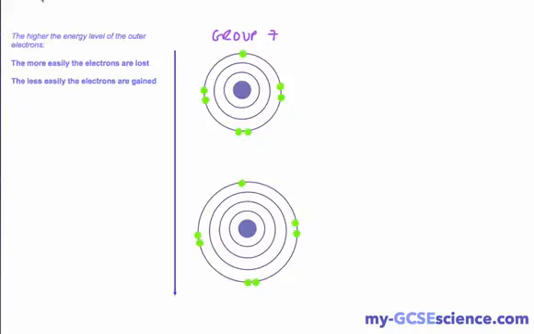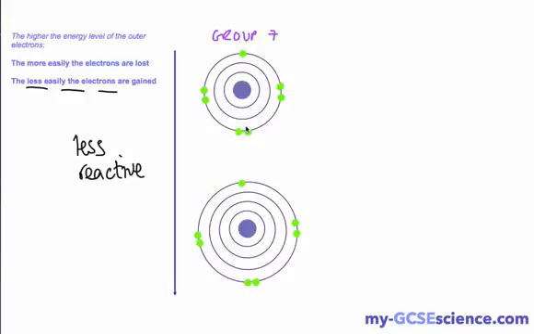Now, if we were to focus in on the group 7 elements, remember, as you go down, they become less reactive. That means the elements for group 7, the higher elements, are more reactive than the lower elements, and we have to use this idea that the higher the energy level of the outer electrons, the less easily the electrons are gained.